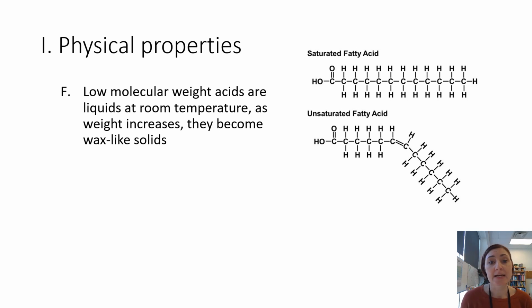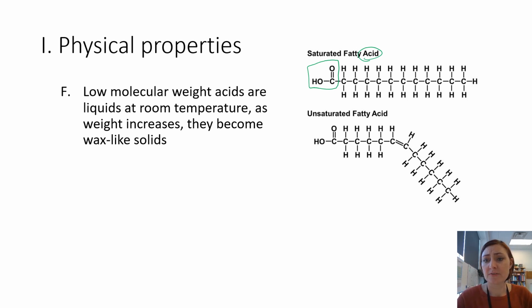If you think back to our discussion on saturated versus unsaturated fatty acids, we never really paid much attention to the name or to the functional group on the end, but they have a carboxylic acid as part of their chain. These are liquids at room temperature if they're unsaturated or if they're a short chain length, but as that molecular weight increases or the number of carbons increases, they become wax-like solids.